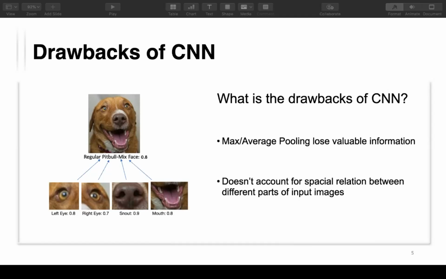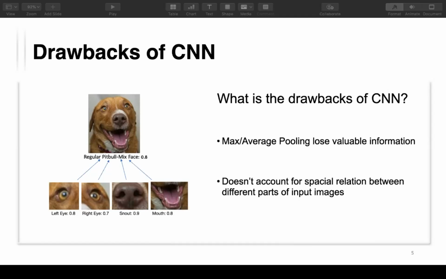Each channel of the convolution layer may only contain a specific feature, for example the eye or the mouth, but it does not contain the position of the eye in a face or the angle of the eye in a face.